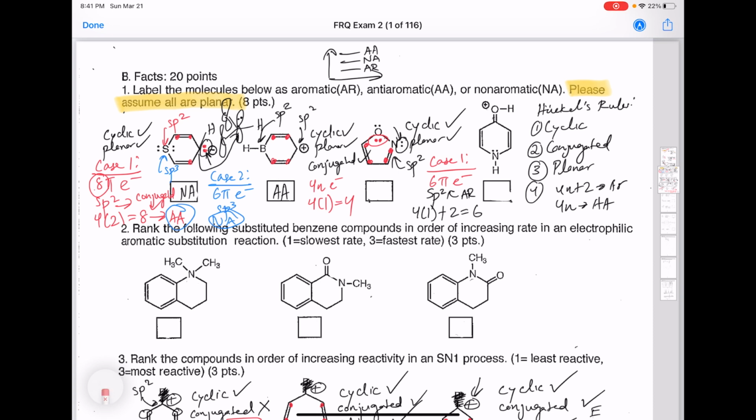But let's say for case 2 that we didn't consider these as part of the pi system. Then we would have 4 pi electrons. But another important thing is that now there are 4 localized electron domains, right? 2 from the oxygen lone pairs and 2 from the single bonds. So that gives us an sp3 hybridization, and bam, the conjugated condition fails, right?